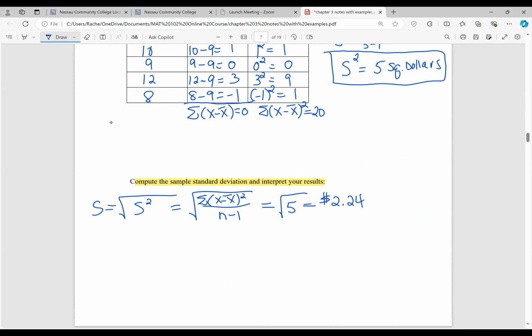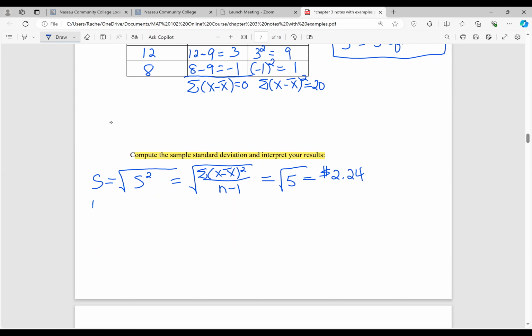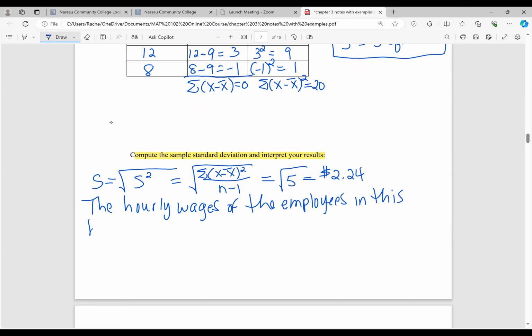So in words, what we would say is the hourly wages of the employees in this bakery, they vary, right? The wages vary. Not everybody makes the same thing.